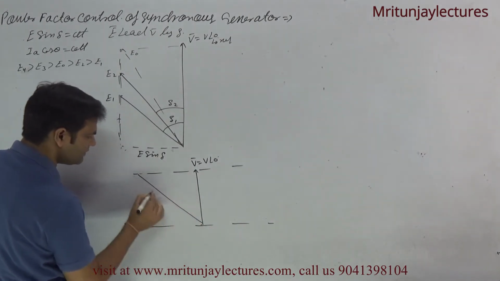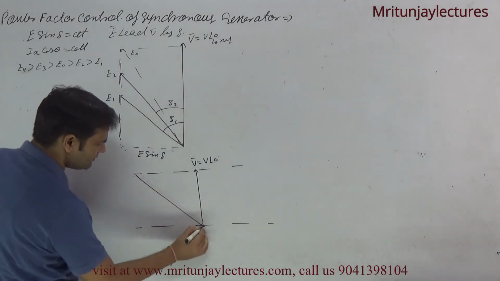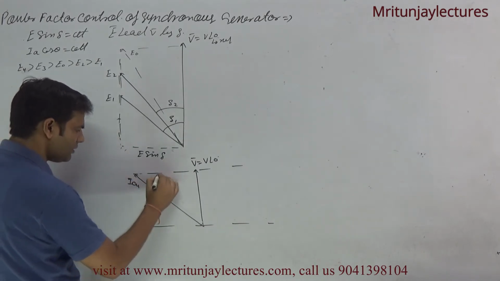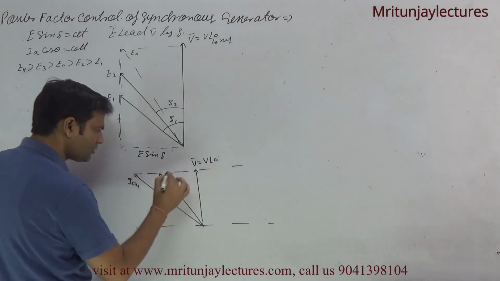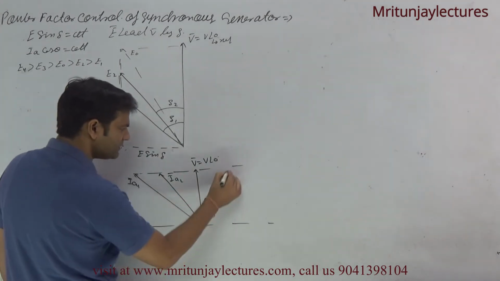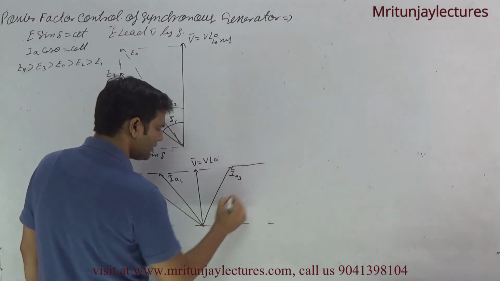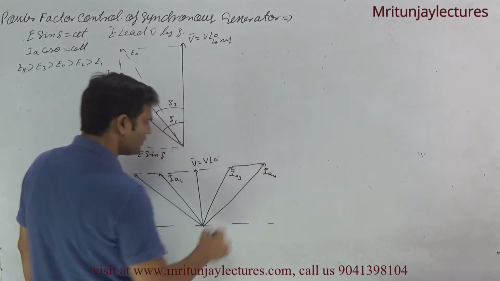This one is Ia1, this one is Ia2, and this one is Ia3, and this one is Ia4. Okay.